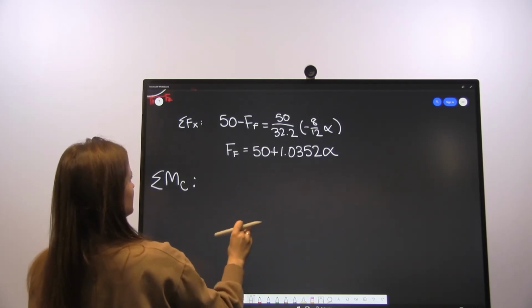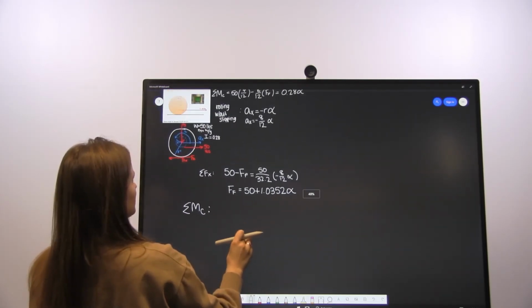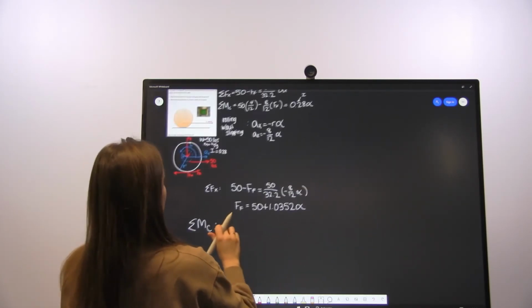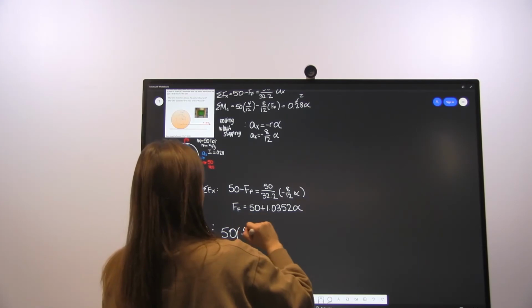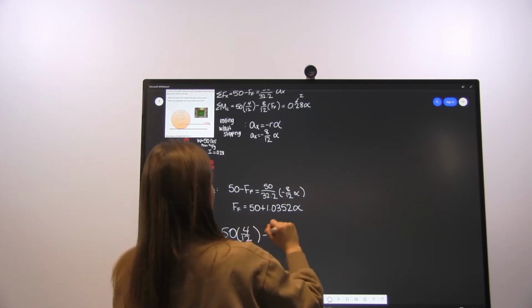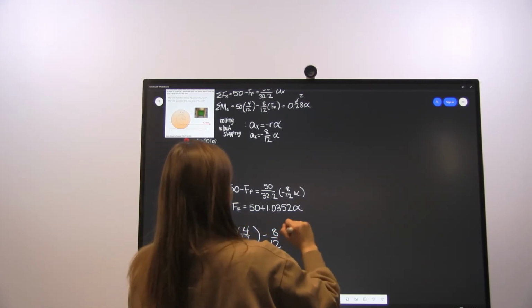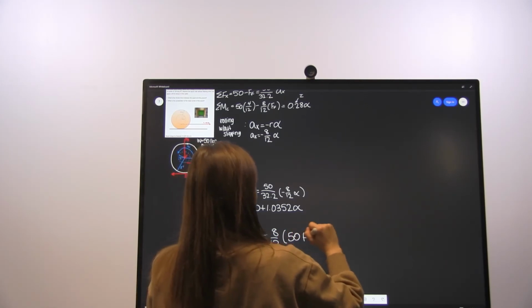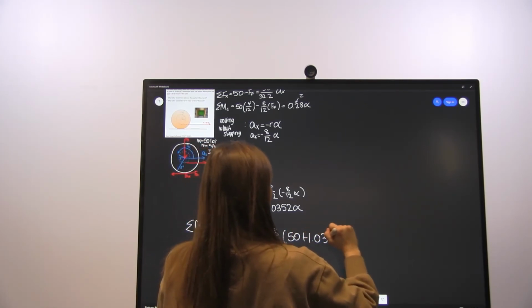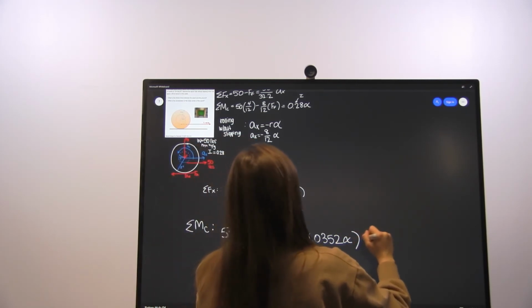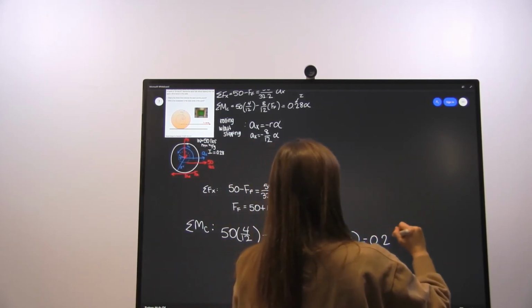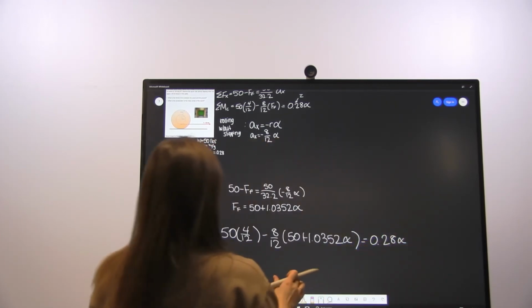It'll be 50 times 4/12 minus 8/12 times 50 plus 1.0352 times our angular acceleration, is equal to 0.28 times that angular acceleration.